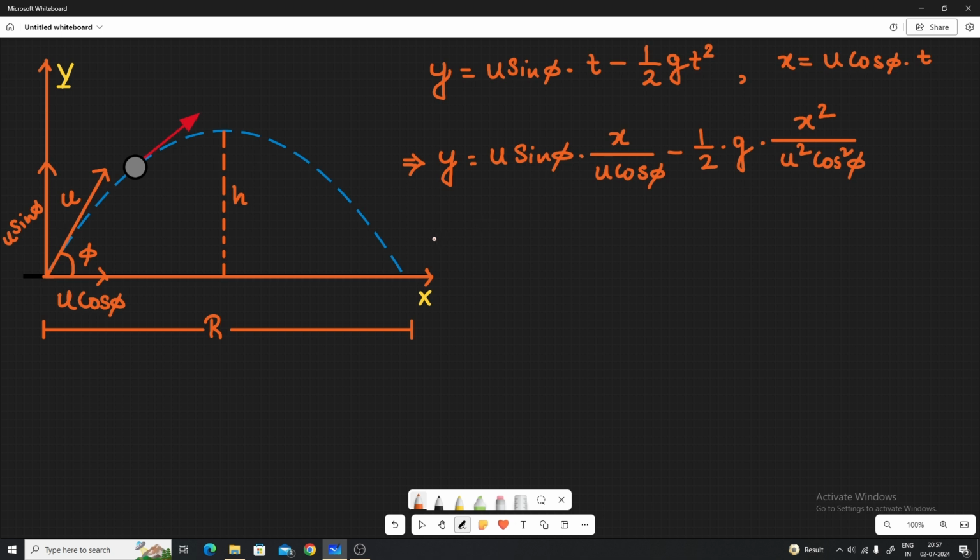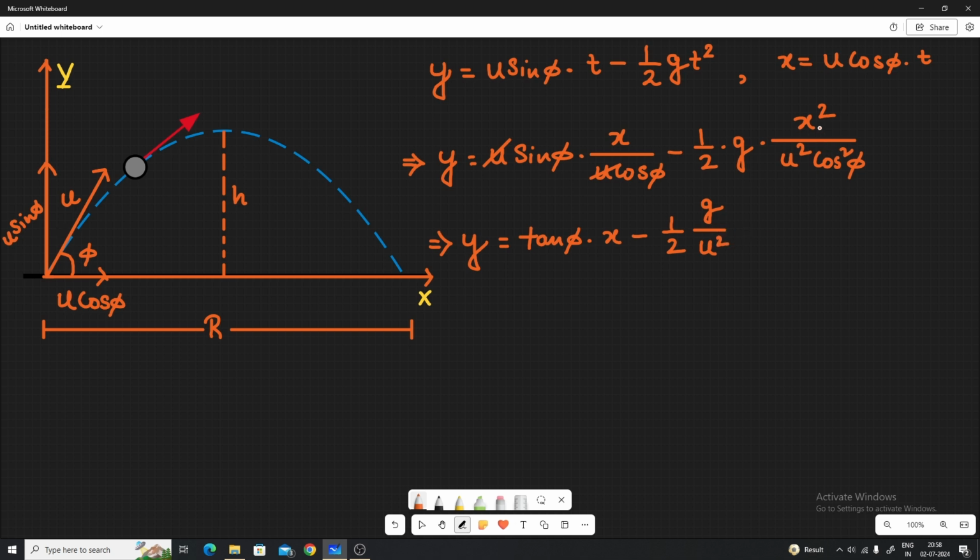Now if you little bit simplify it, then you will have the equation. Then y equal to, now this u and this u will cancel out, then you will get tan phi from here, tan phi into x minus half g by u square.